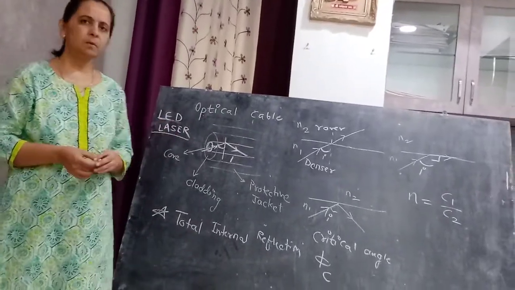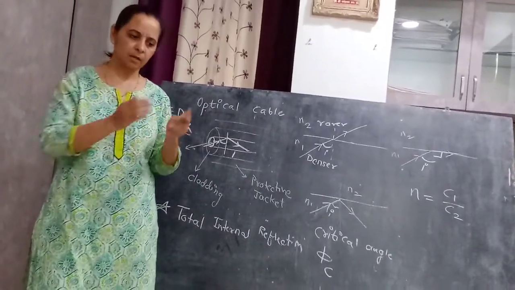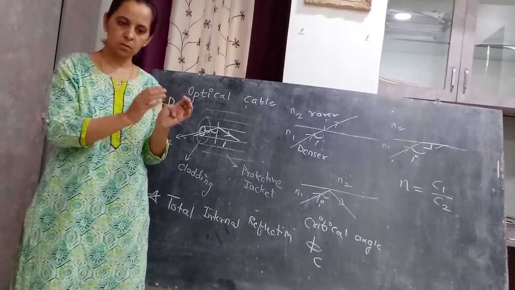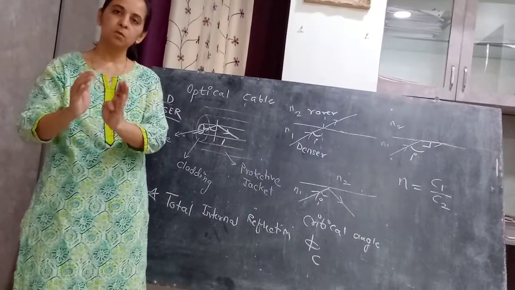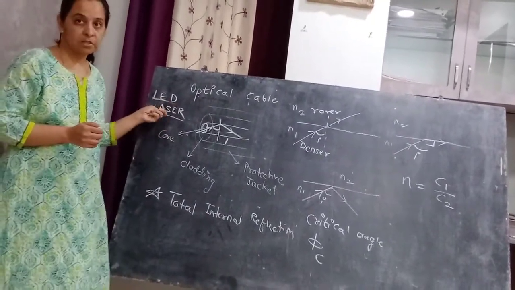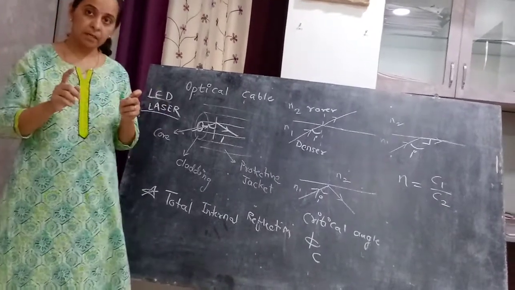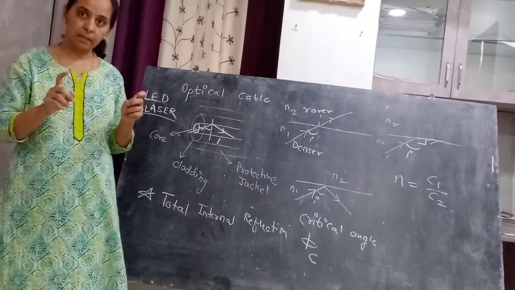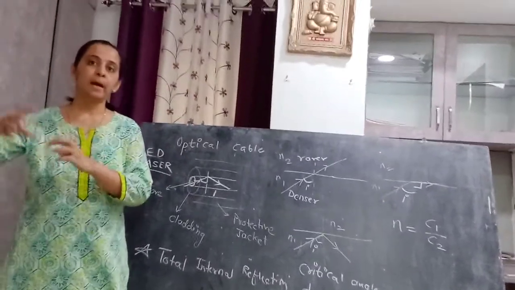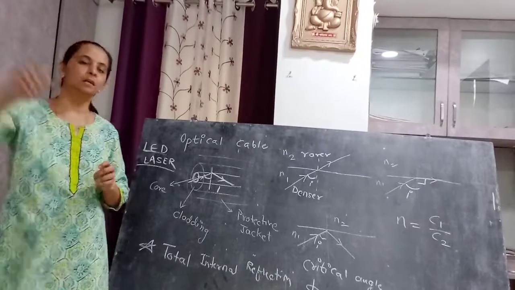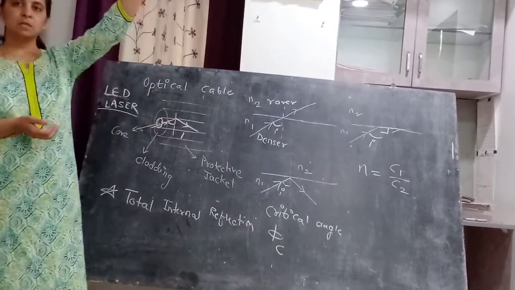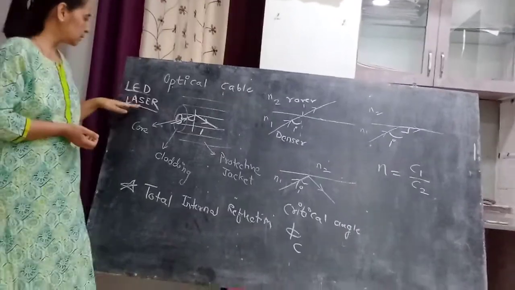Again, if I discuss the block diagram of optical communication, I will have an information source. If I am speaking, I am the information source. Then I'll have a transmitter. In the transmitter, I need either an LED or a laser. They will generate the light, and the light generated by these lasers or LEDs and the information signal together will be modulated and passed through the communication channel. What is the communication channel? Cable. And at the transmitter side, this is your light source.